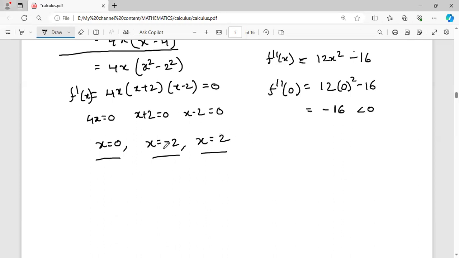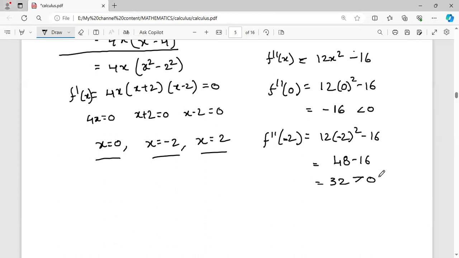Next, coming to the second value, f double dash of minus 2. That means 12 into (minus 2) whole square minus 16. Here (minus 2) whole square means 4, and 4 twelves are 48, minus 16. So its value is 32, which is greater than 0.